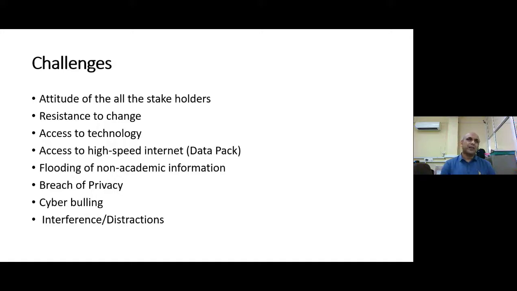Breach of privacy. Now, there is a threat to privacy also. Within the group, for example, if it is a heterogeneous group of both the genders, girls and boys, girls' numbers would be passed on to others and they would be used for sending messages and all that. So there should be policies to control this breach of privacy.